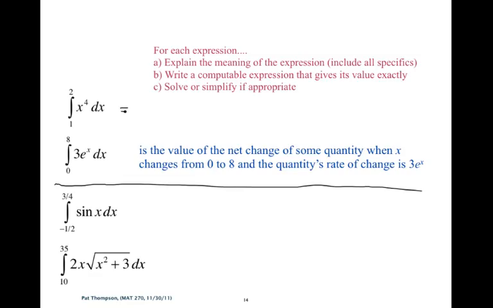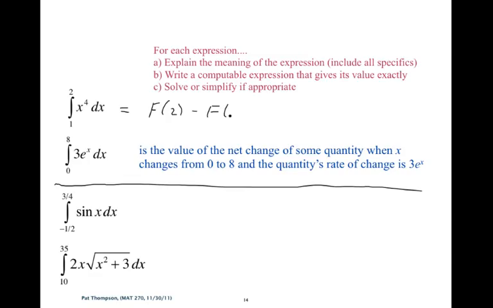Because that same net change can be expressed a different way, right? How can it also be expressed? As? So let's call the antiderivative, for now, capital F. If the antiderivative is capital F, then this amount of net change is also expressed as F of 2 minus F of 1.